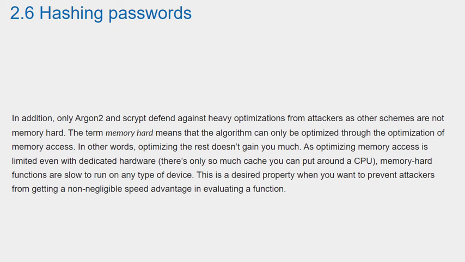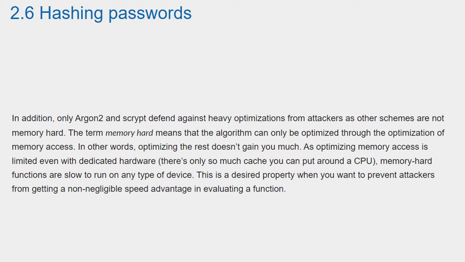In addition, only Argon2 and scrypt defend against heavy optimizations from attackers as other schemes are not memory hard. The term memory hard means that the algorithm can only be optimized through the optimization of memory access. In other words, optimizing the rest doesn't gain you much.